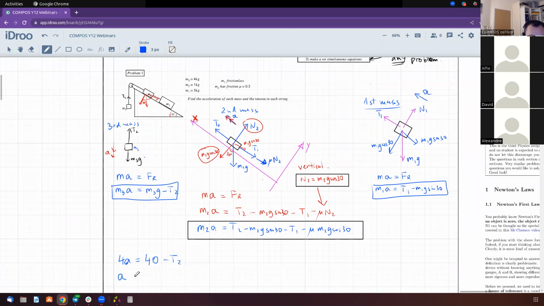So A is equal to T2 minus M2, which is 1, 1 times 10 times sine 30. That's 5. I'm using the second equation. So this one is here. This one is here. Minus 5 minus T1.